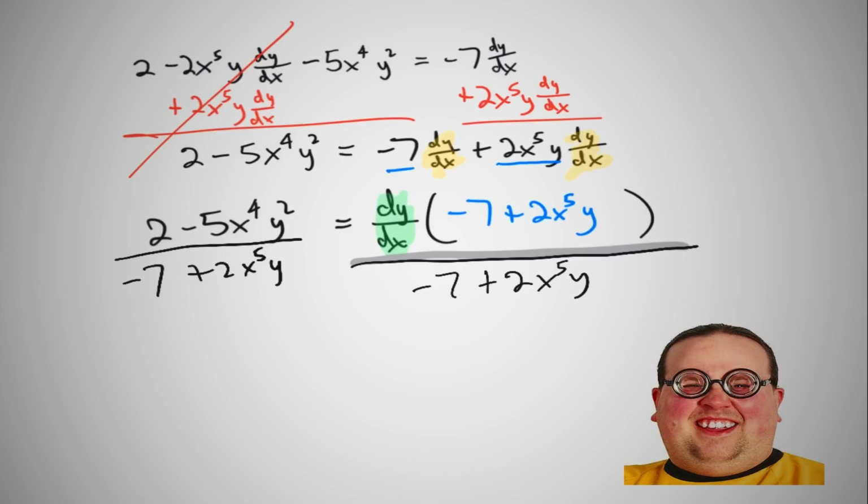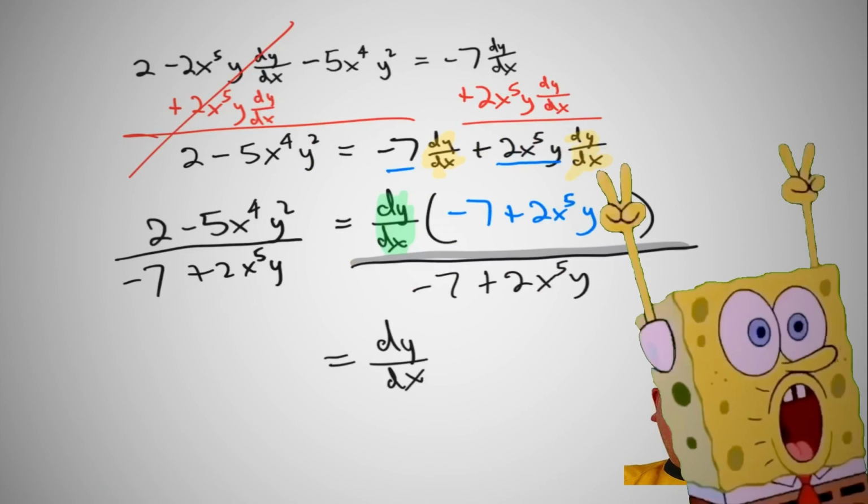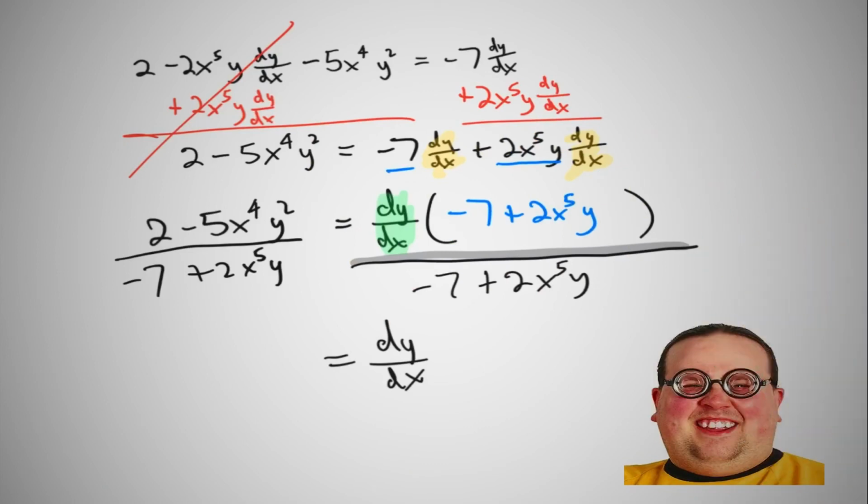And now we have done it. We have isolated, we have solved for dy/dx. And so we end up with, instead of copying this down, let me just do a little copy and bring it down because I'm a little lazy.